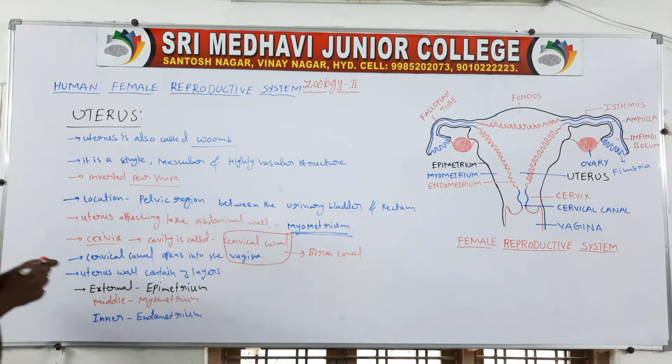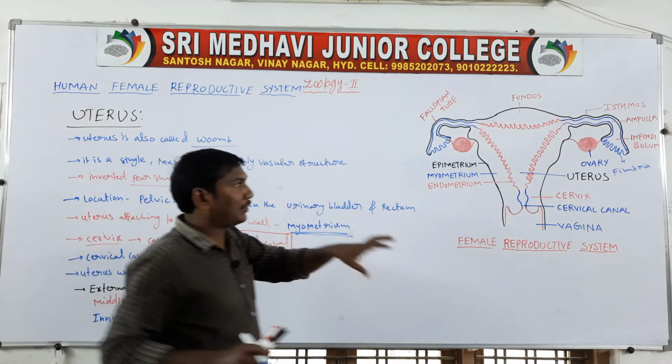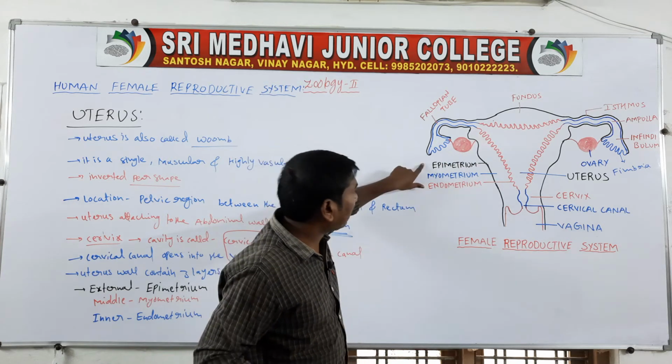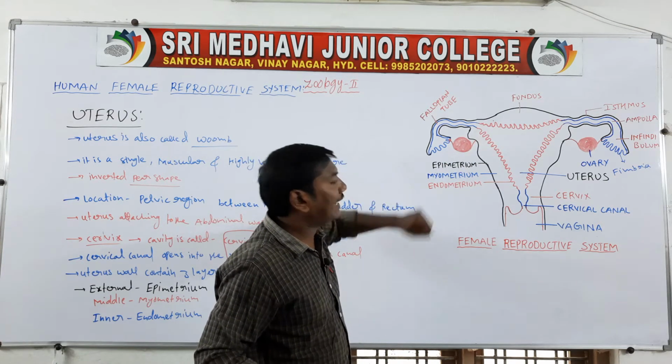So the wall of the uterus contains three layers: outer perimetrium, middle myometrium, inner endometrium.